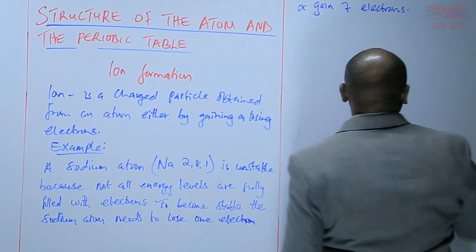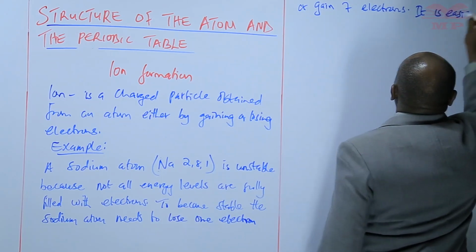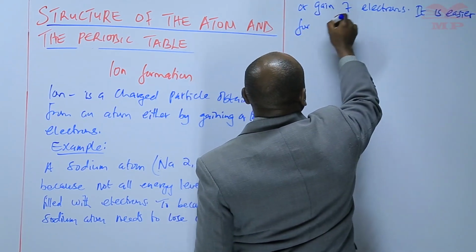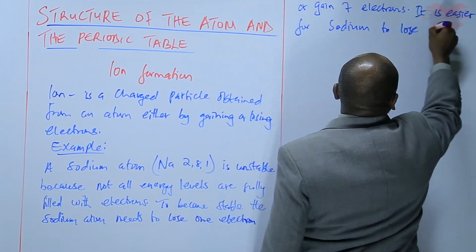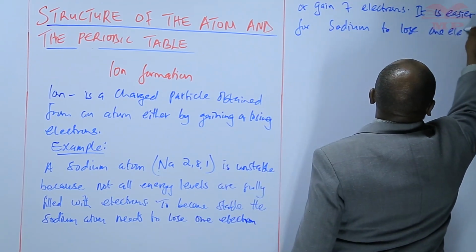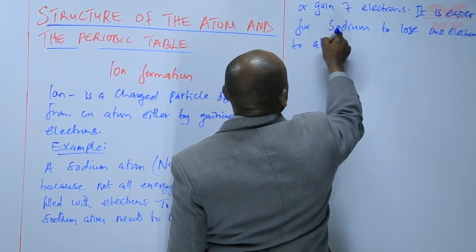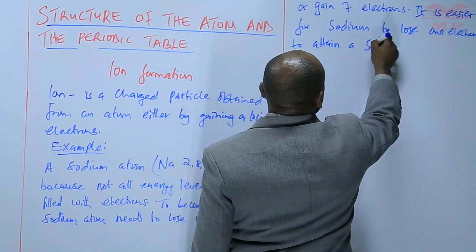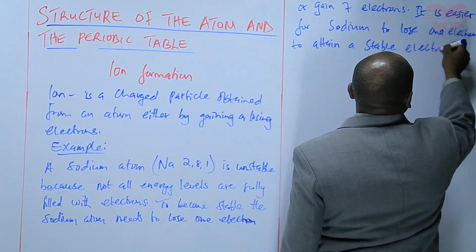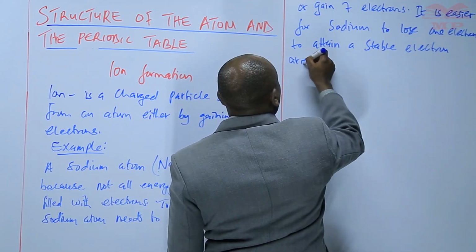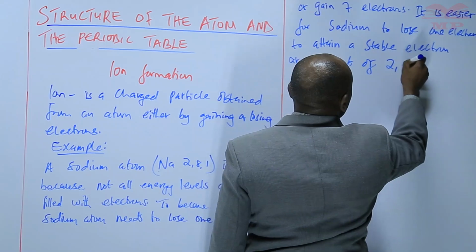So in the case of sodium, we can say that it is easier for sodium to lose 1 electron to attain a stable arrangement of 2,8.